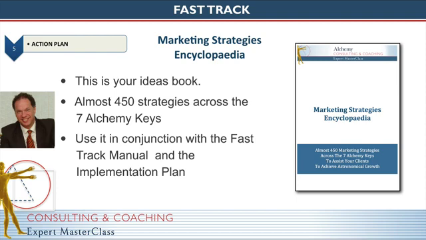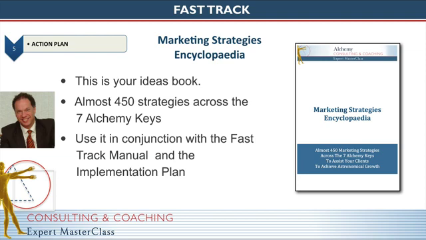The implementation plan is now going to come alive, because we're going to look at each part of the implementation plan and add strategies according to what we find within the Marketing Strategies Encyclopedia that are the most appropriate to boost that particular profit multiplier or alchemy key.